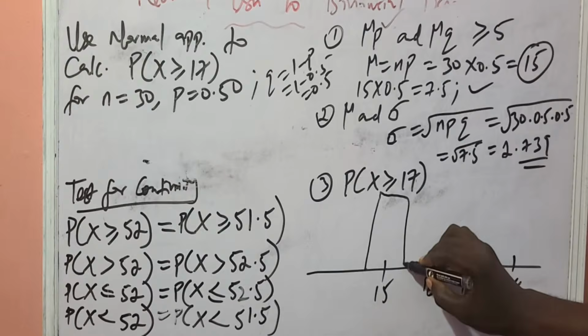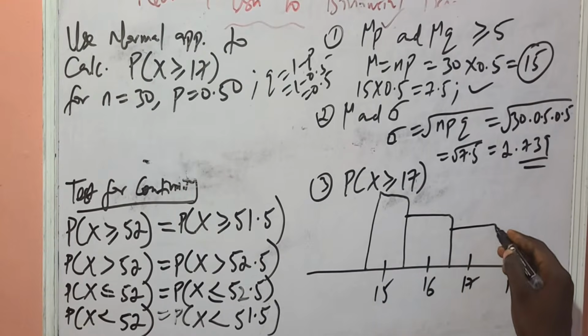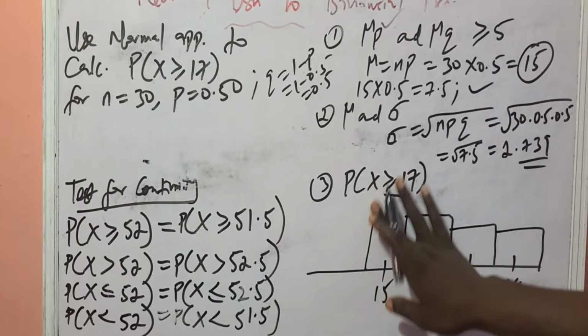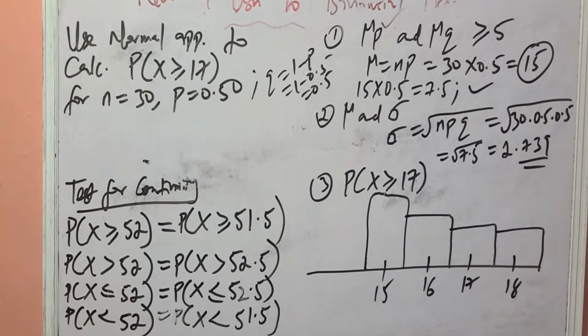We don't normally have the bar on the point. You can notice 15 is here, and the bar starts from 14.5 to 15.5 to accommodate 15, whereas for 16 it was from 15.5 to 16.5.